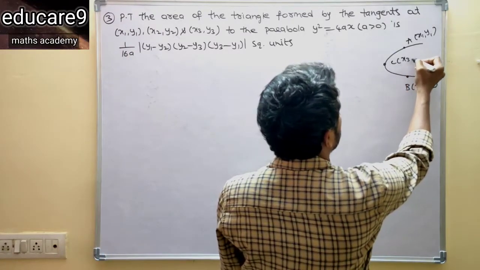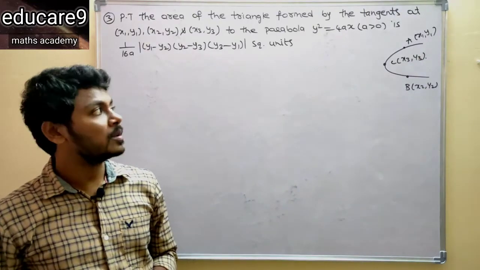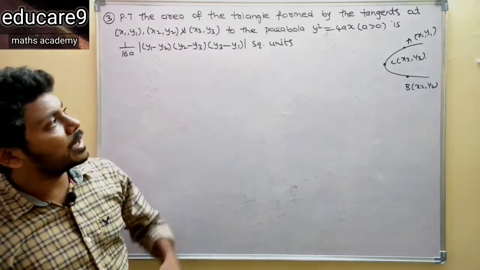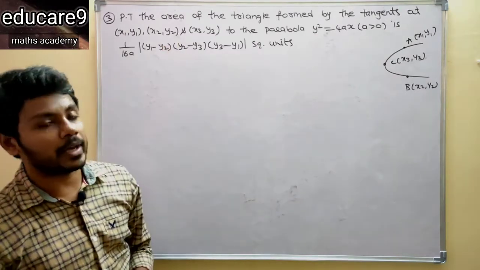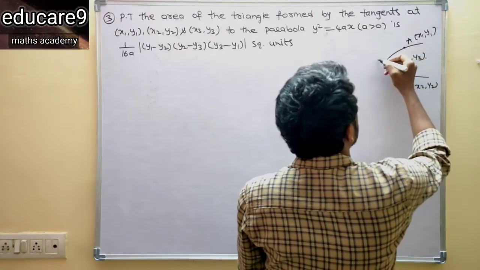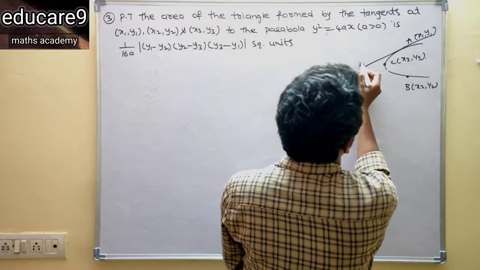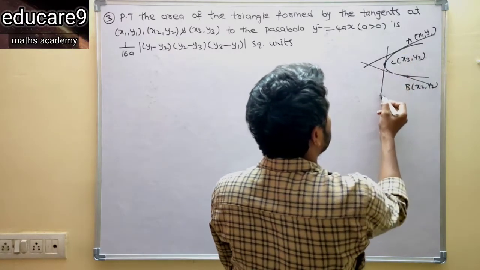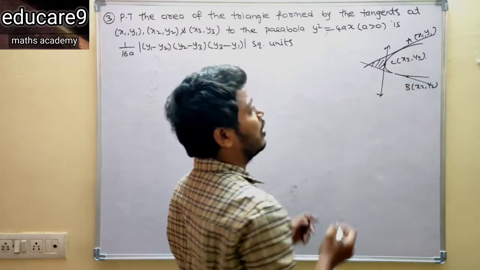Okay. Now area of the triangle formed by the tangent at 3 points to the parabola. So this is one of the tangent, and this is another tangent, and this is another tangent. We need to find this area.